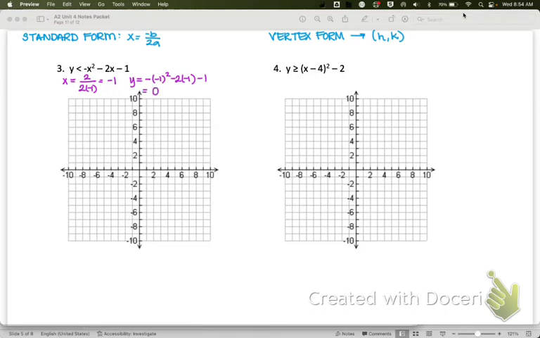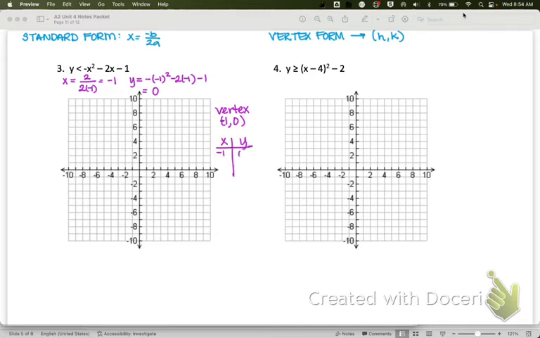And that comes out to 0. So for this one, our vertex is 1, 0. Oh, sorry, it's -1, 0.